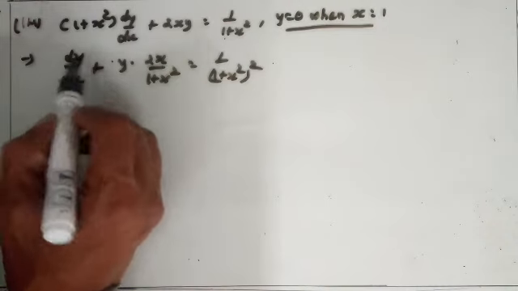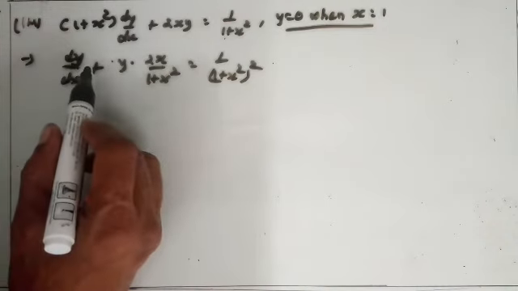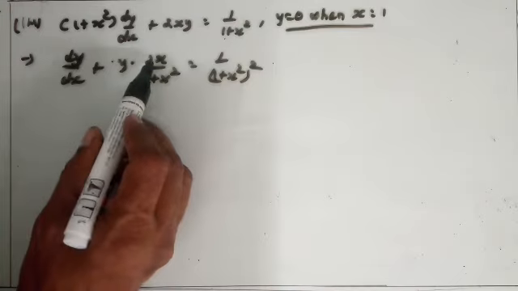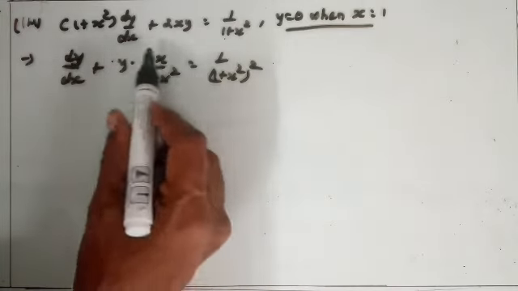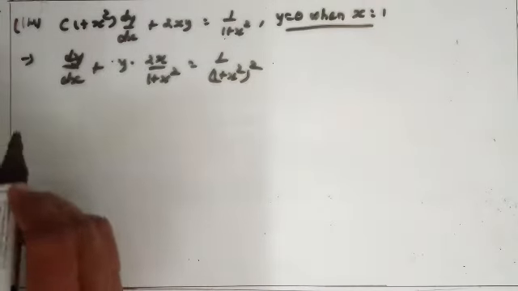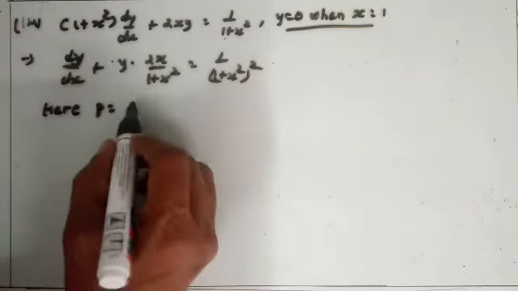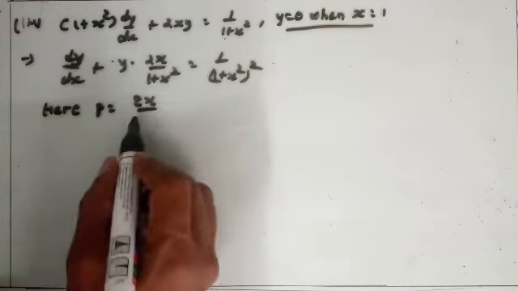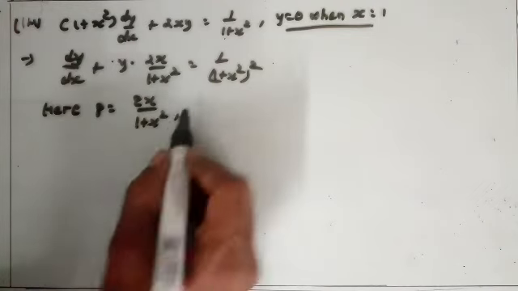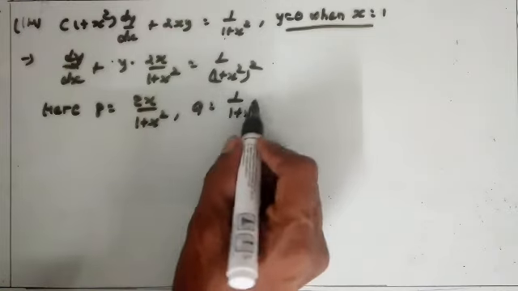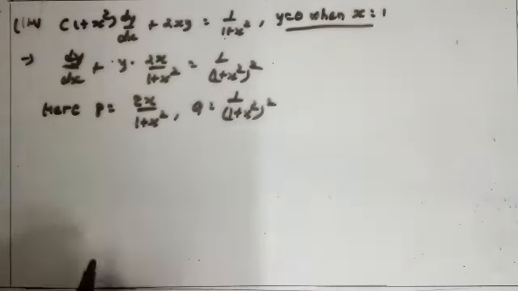Here, this is a linear differential equation: dy/dx plus y into p is equal to q. Here p is equal to 2x upon 1 plus x square, and q is equal to 1 upon (1 plus x square) raised to 2.